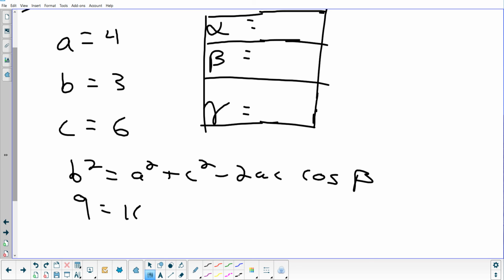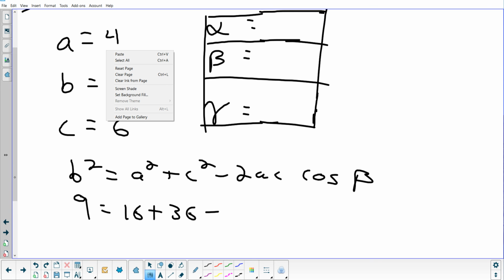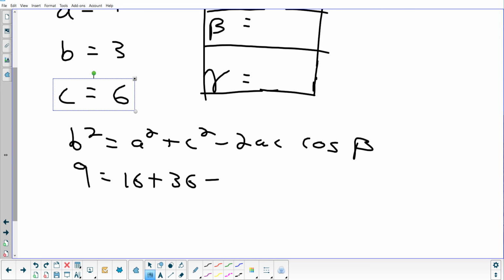And c squared? 36. Minus 2 times a times c. Since these are all nice numbers, we really don't need a calculator until we start getting into decimals. 2 times a times c. Well, what's 2 times a? 8. And what's 8 times 6? 48. Perfect.